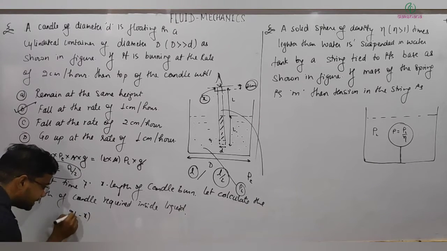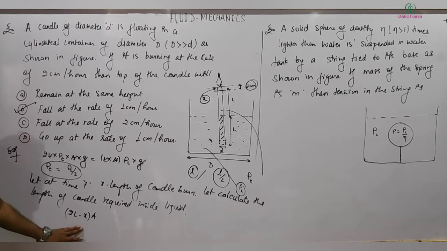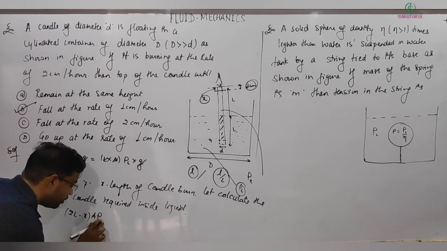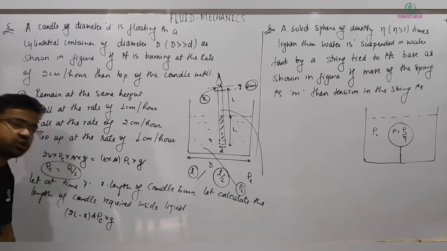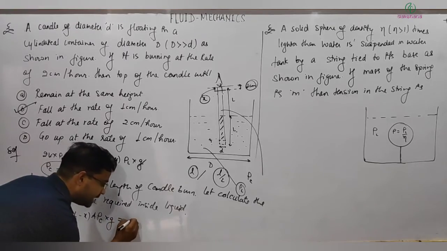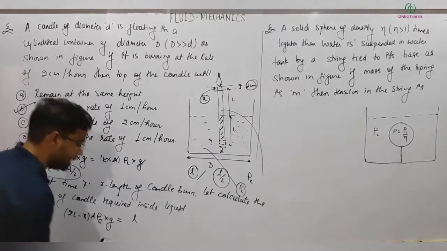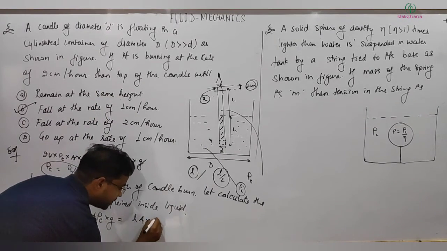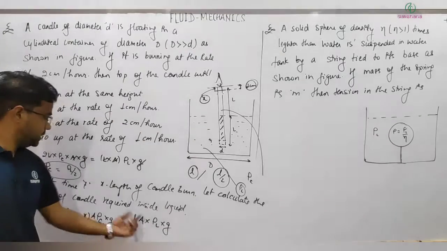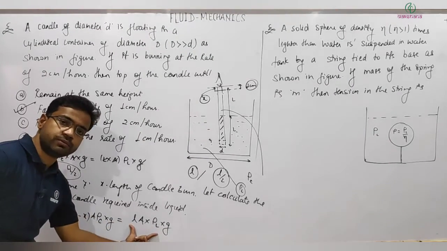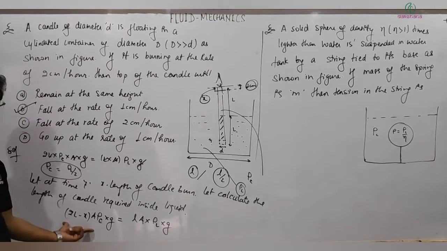So this I can write: the total weight of the candle is how much? 2L minus X, this into area is the volume of the candle, multiplied by density of candle into g, this is the weight of candle. That must be balanced by, let's say the new length which is inside is l, l into area, volume, multiplied by density of liquid into g. I hope you are understanding. So this is the buoyancy force, volume of displaced liquid, this is now weight.